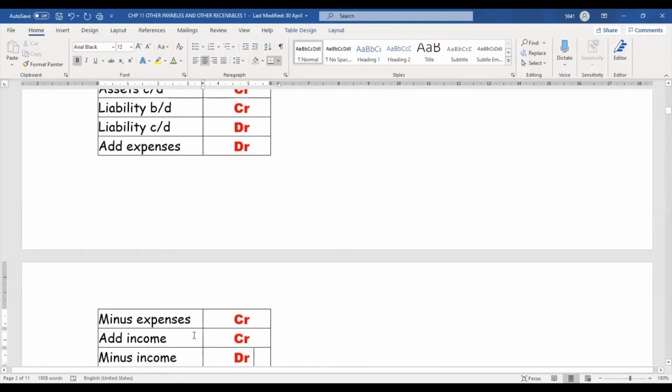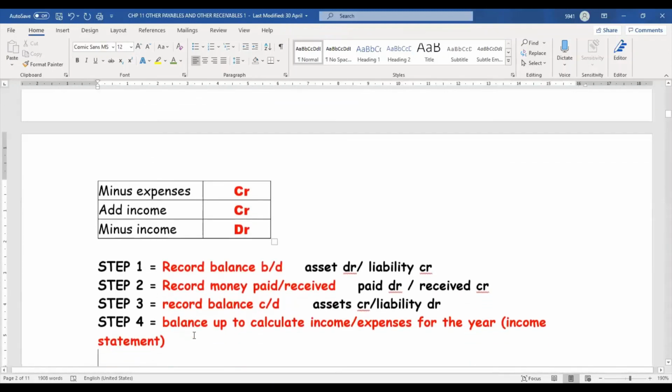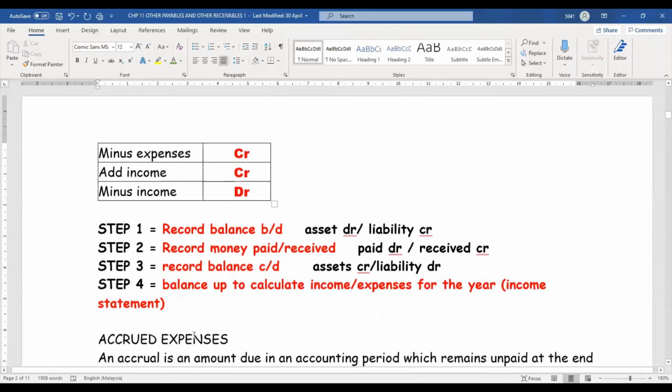And another thing that you need to know before we start this topic is these steps. Okay, the steps also you write anywhere in a paper. We will use these steps. Step number 1, if that particular question gives you some balance, we will record the balance, balance BD. If the question gives you any opening balance, we'll record.